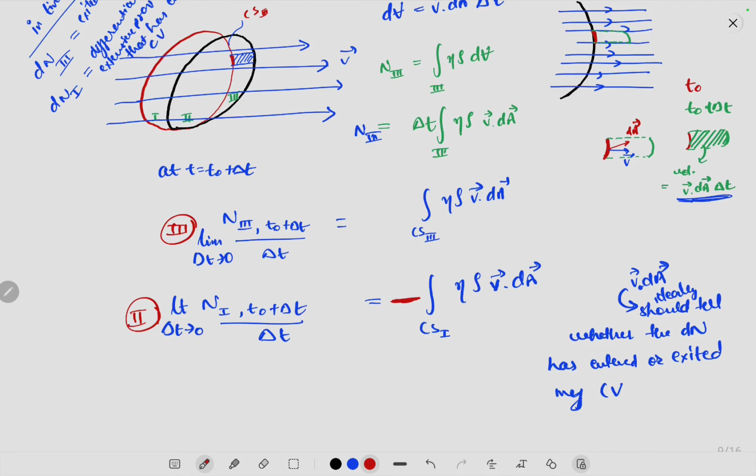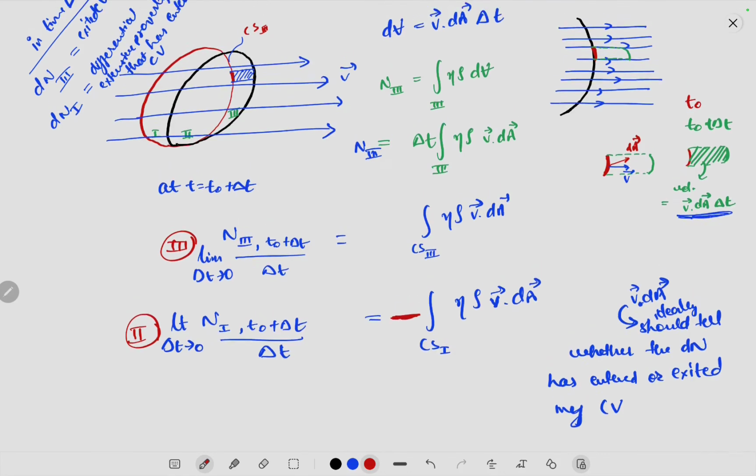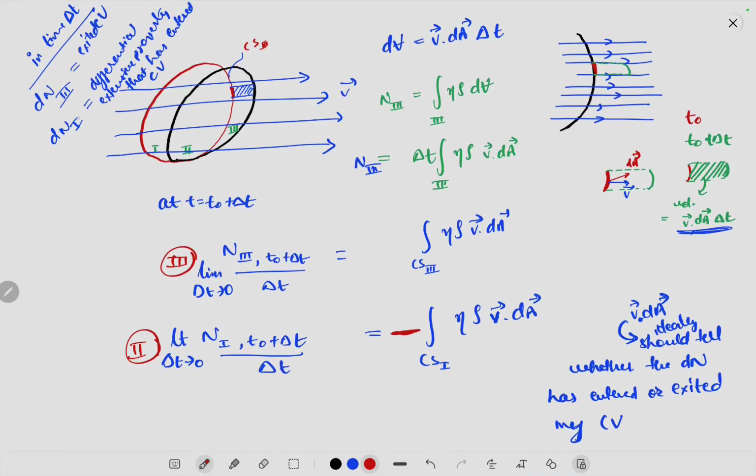So this negative sign is there because in the beginning we have assumed that this dn1 has entered my system and dn3 has exited my system, and from this dot product we will get whether the quantity is exiting or entering my system, my control volume.